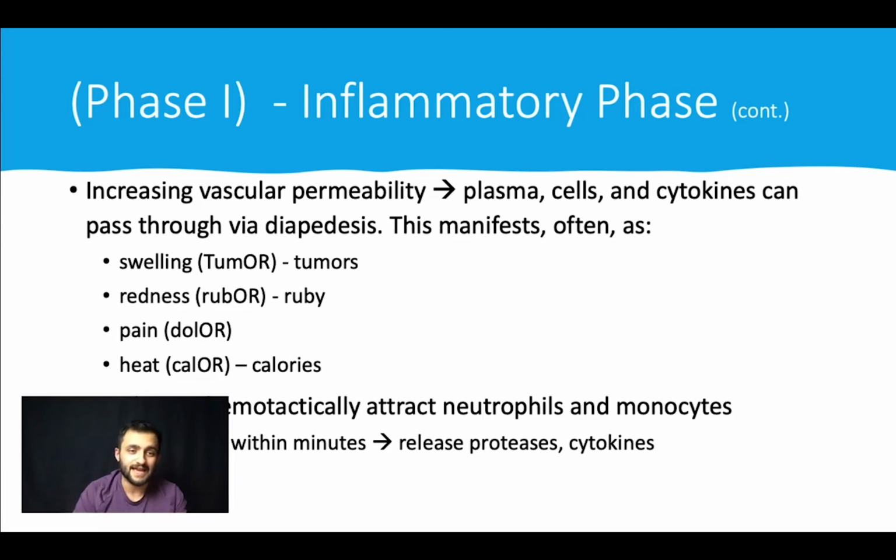Dolor is actually an English word too. It's used to mean sorrow or sadness. If you already know that word, you already know that word. But the last one is heat, which is calor, okay, or calories. Something I thought was really interesting, and a way that I personally remember it, is that they measure calories essentially by seeing how many degrees hotter each gram of water can go by burning the item of food that you're measuring.